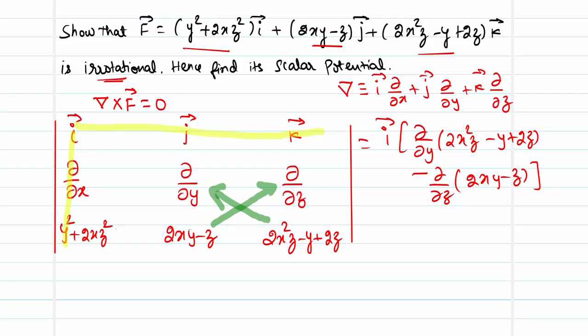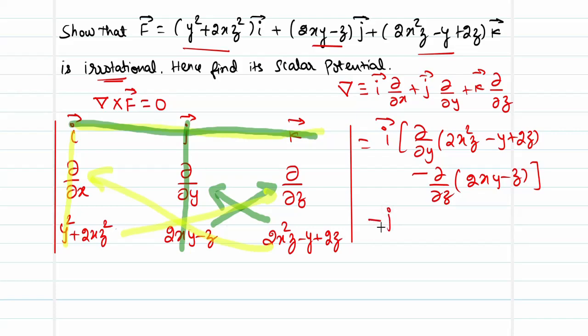Now coming to the j component. How do we move on with the j component? What we'll have to do over here is hide the j vertically and hide the j horizontally. Whatever is left out has to be cross multiplied. What is the left out quantity? This with this. Now do the cross multiplication of these two quantities.